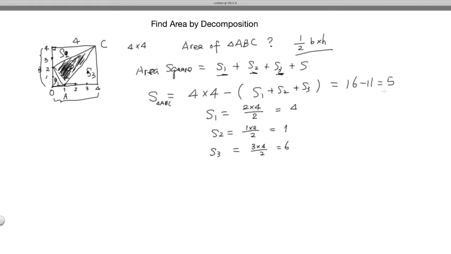The area equals 5. Let's look at another example of using this technique of find area by decomposition. Let's say you have a square garden of 10 meters by 10 meters, and you want to make a brick boardwalk with width 1 meter around this garden, so on the four sides of the garden.